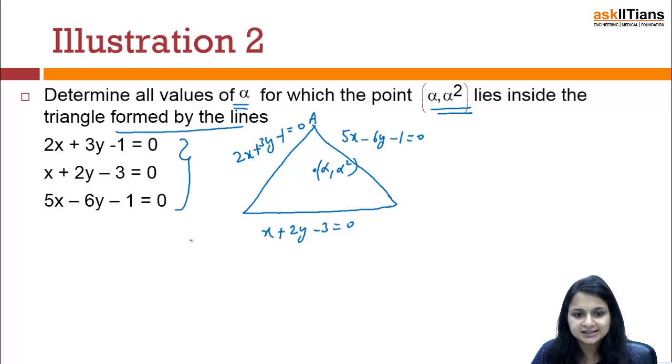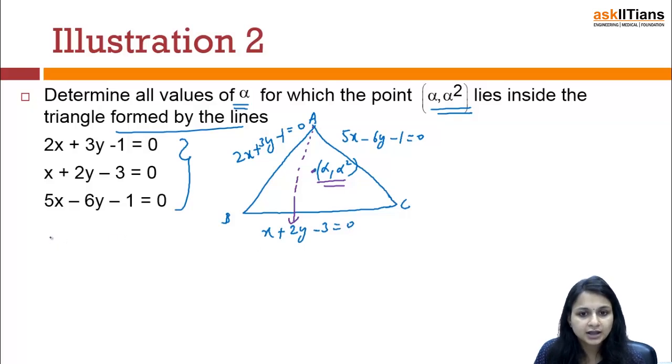The conditions on alpha are such that it is always inside the triangle. Let's say this is triangle ABC. Let us understand the concept that we will be using here. See, (alpha, alpha square). But the sign that I will get when I put A in this line, definitely it will not satisfy it because A is not lying on this line. It will either be greater than 0 or less than 0. Because (alpha, alpha square) and A are lying on the same side of BC, they should give me the same sign.